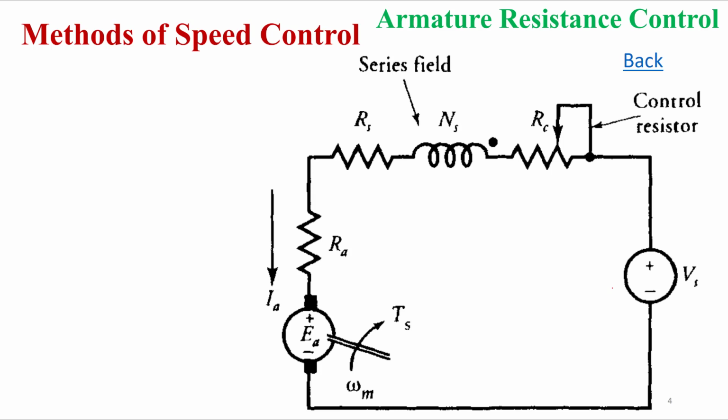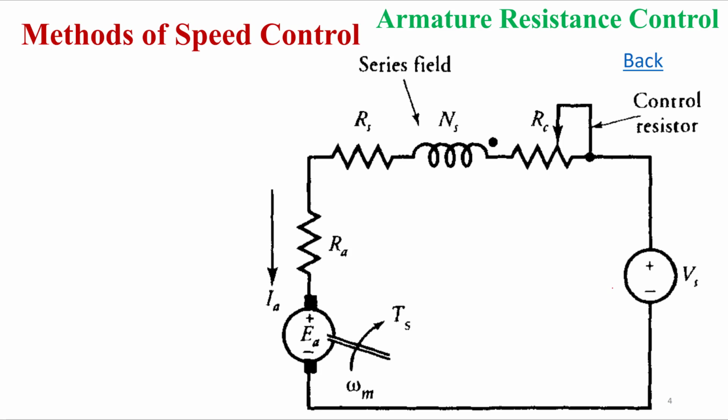So here we have a series motor, you can see here, right? In the series motor, the field is of course connected in series with the armature. Therefore one resistance is put, we call it the control resistance, which actually helps us to control the current through the field as well as the armature, right?